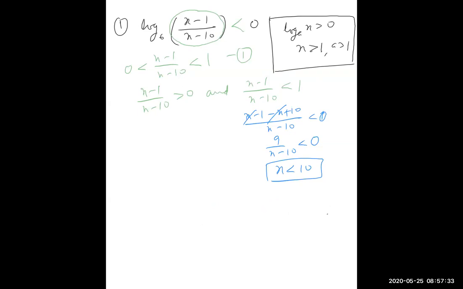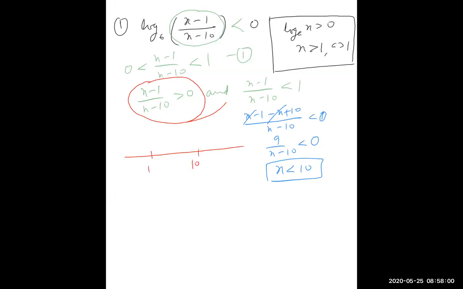Now this x minus 1. If you remember, I explained in the previous class the sign scheme for this question. What is that? Mark the roots on number line, x equal to 1, x equal to 10.